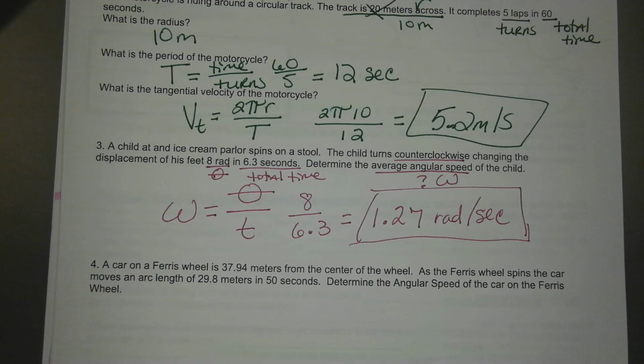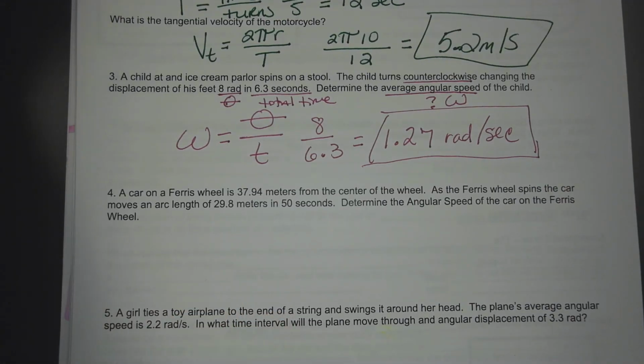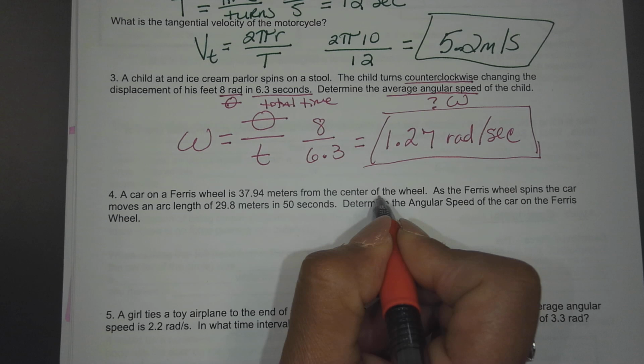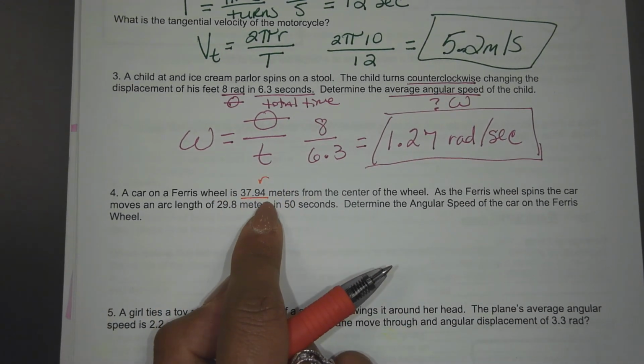Alrighty. Now the next problem, it's a good problem to practice and try. So it says here, we've got this Ferris wheel, and from the center of the Ferris wheel, oh, well that means radius, is 37.94 meters.